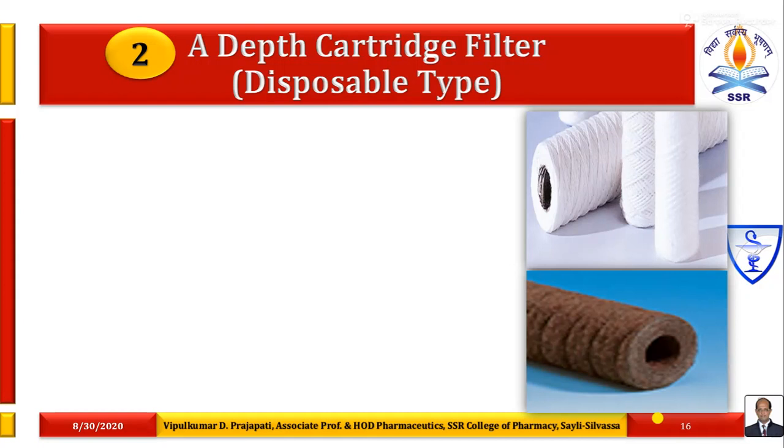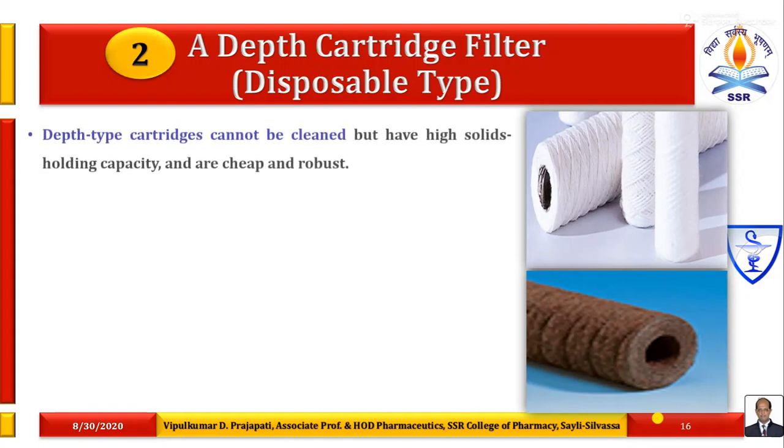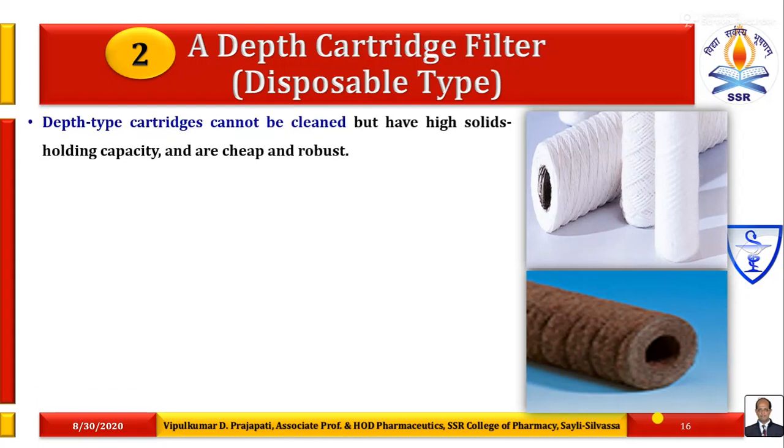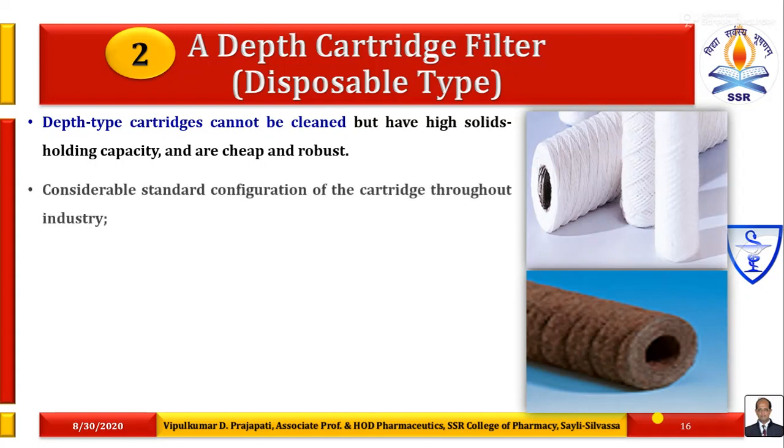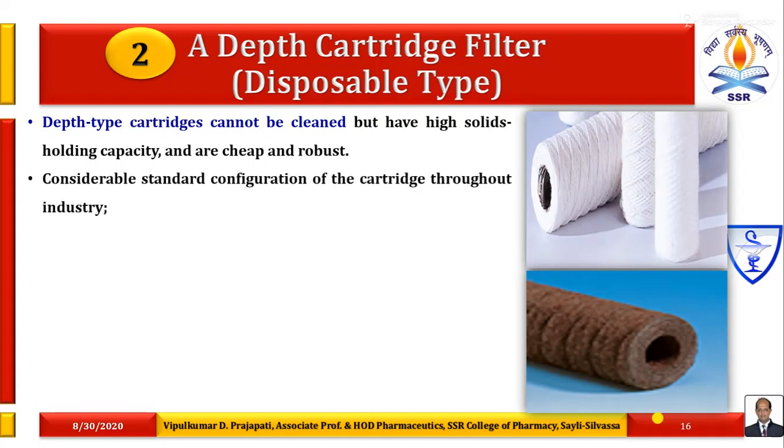Both are disposable type cartridge filters because of the thick cartridge. Depth type cartridges cannot be cleaned but have high solid holding capacity and are cheap and robust. They are disposable, meaning single time use only.